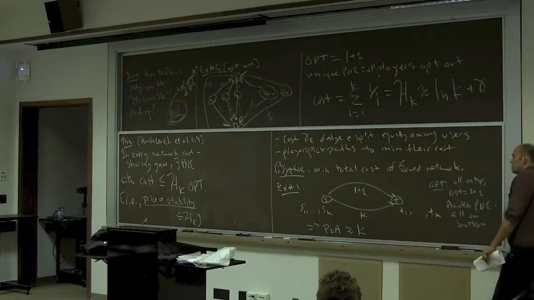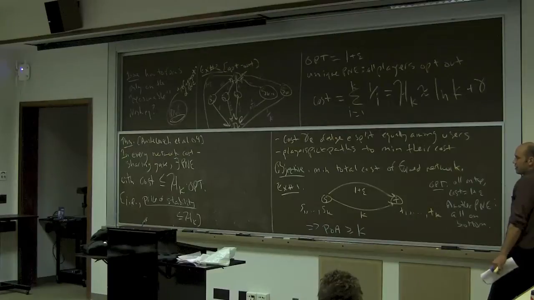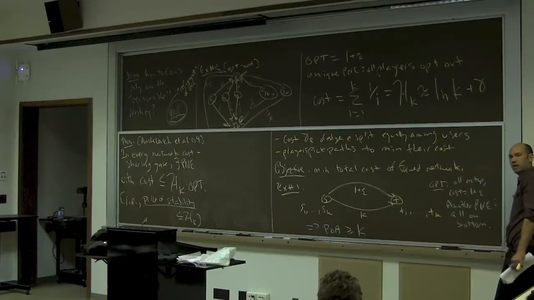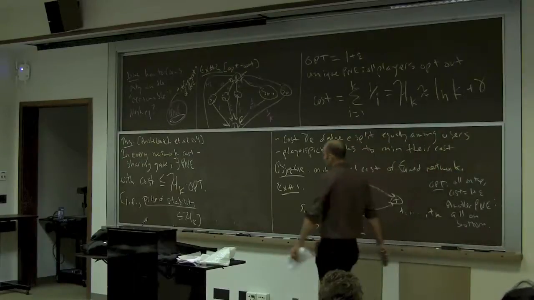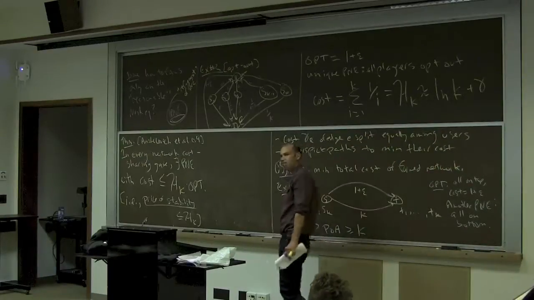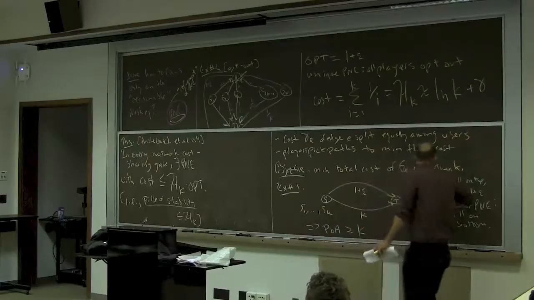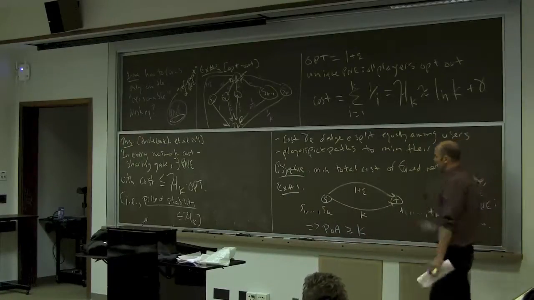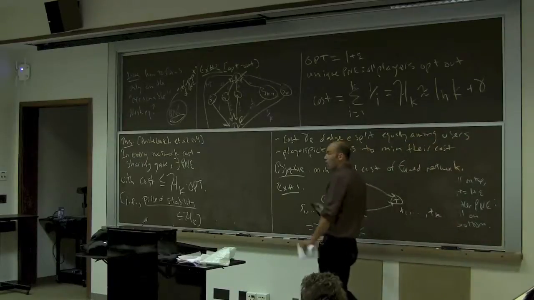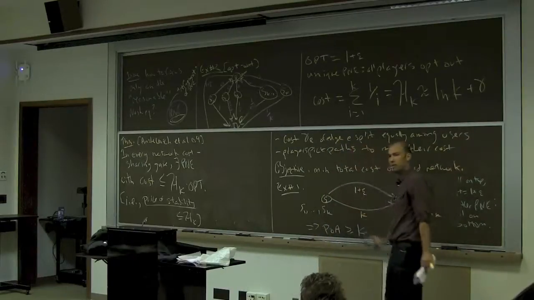Property two was there should be some convincing story, some narrative that makes it plausible that you care about these equilibria and not others. Frankly, that story is a little weak with respect to the price of stability. When you have multiple equilibria, some might be good, some might be bad, and this doesn't really provide an explanation about why this is the one that players will play as opposed to some other one.